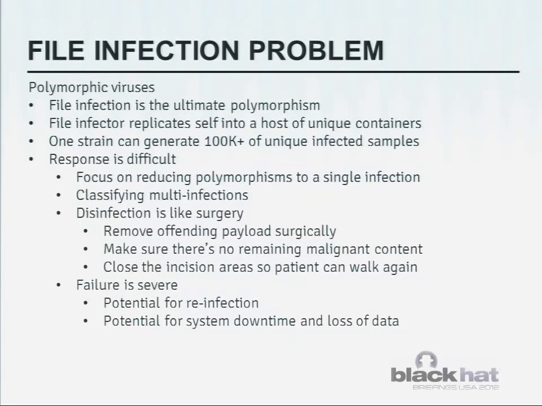Usually machines have multiple infections, and if you look at things like Virut and Sality, those are really the conduits for bringing more infections to the endpoint, and it's not unusual that a single file has multiple infections within it. So the question is, what do you disinfect from what and in what order? So this really becomes like a surgery, a very delicate, very exact process where if the offending payload is not properly removed, bad things happen.